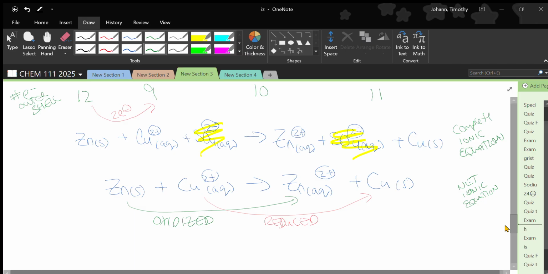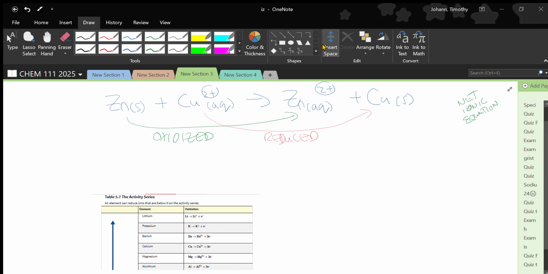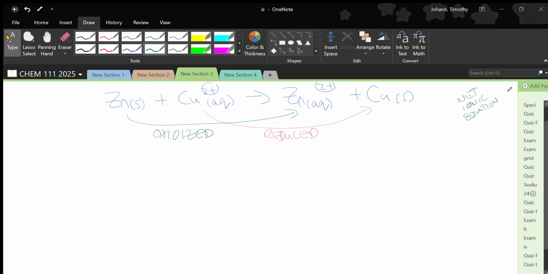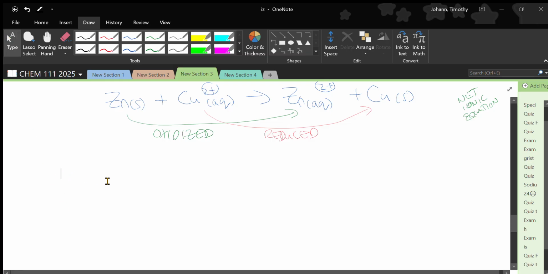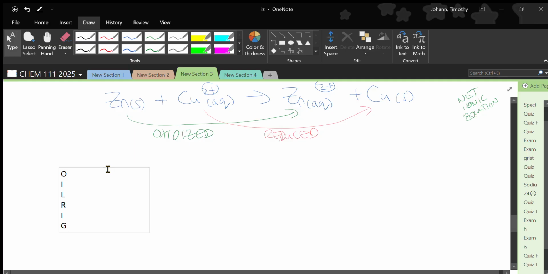We're not quite there yet, but I think now is a good time to talk about it, just in terms of this concept. We talk about OIL RIG. I don't know if you've seen this before. There's also one that involved a lion, Leo the lion, but I don't do that one. So OIL RIG.